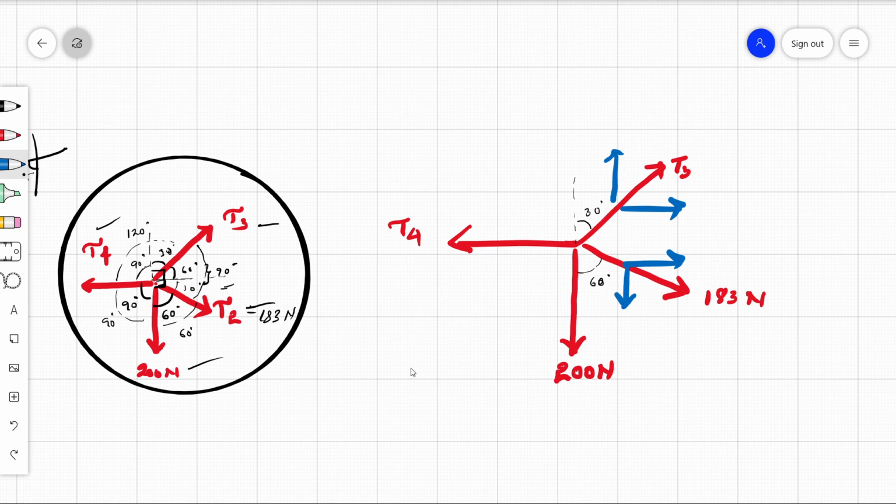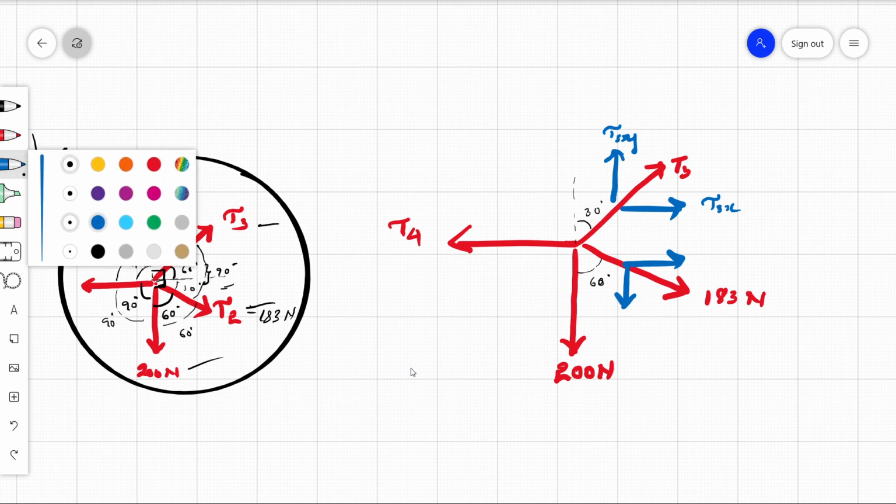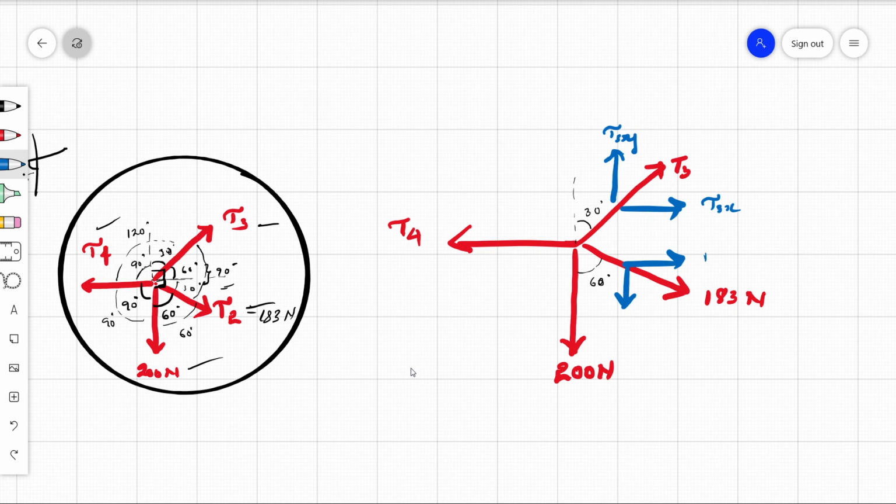So over here the x component I call T3x, sorry, this will be y, and this is T3x, and this we take as T2x, T2y.